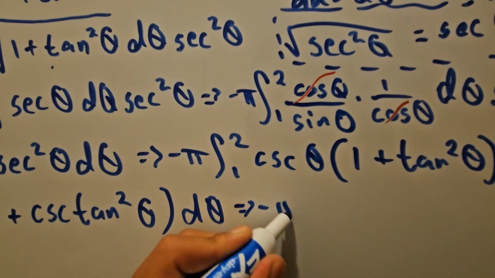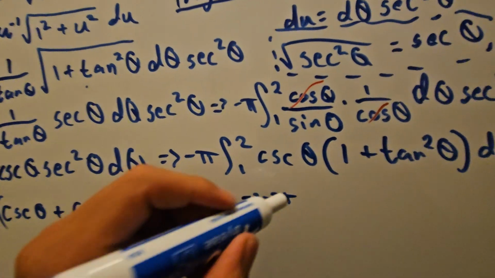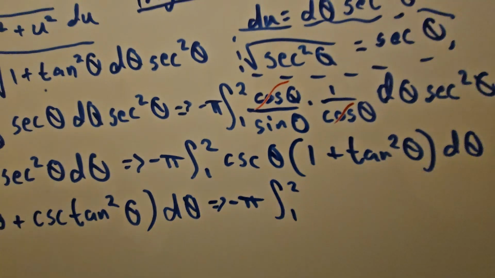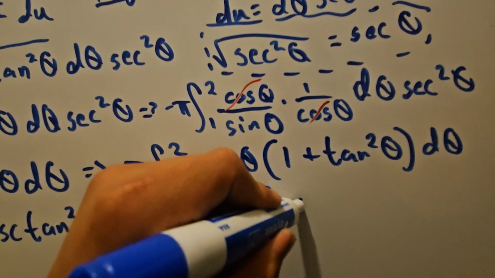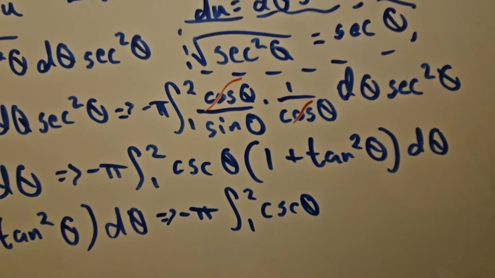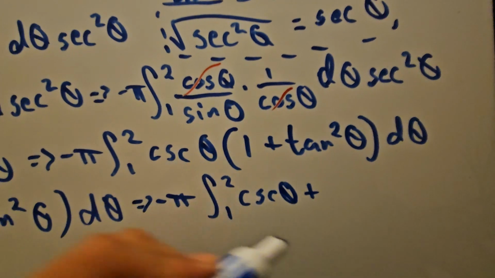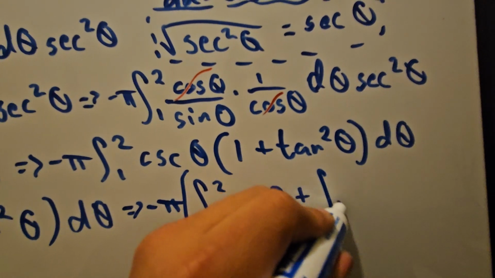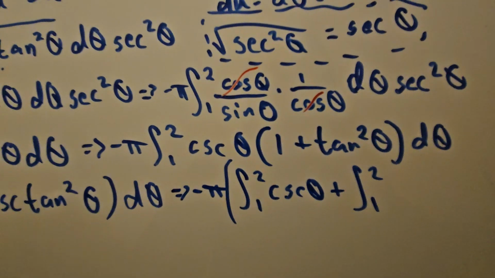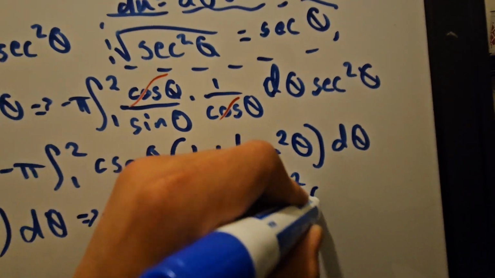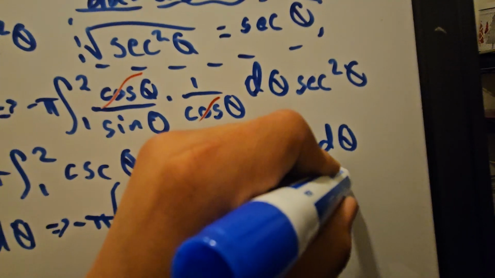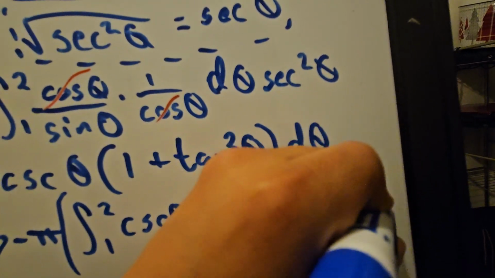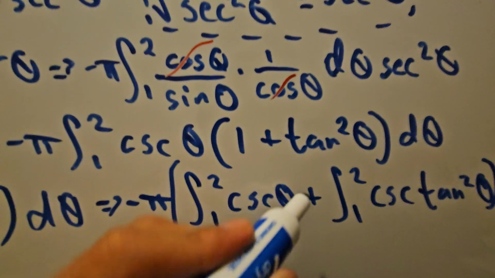Negative pi. We can rewrite this as two integrals. 1 to 2 cosecant theta d theta, plus, let's put parentheses, the integral of 1 to 2 of cosecant tan squared theta d theta. I'm sorry, I forgot the d theta.